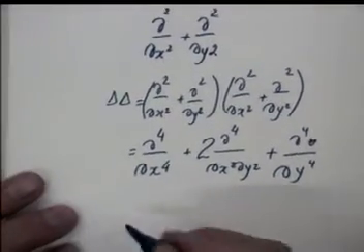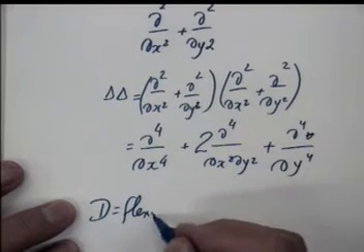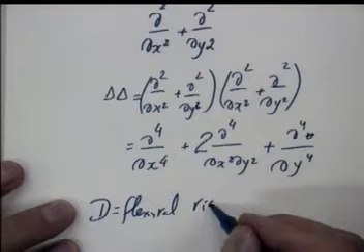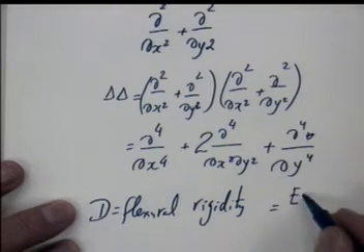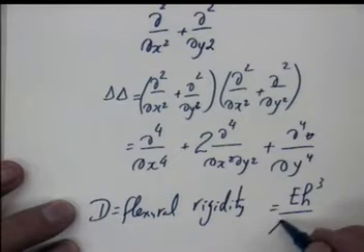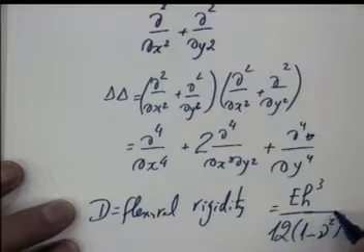So if I will just write it down, then D is a flexural rigidity. And equals E h cubed over 12 times 1 minus nu squared.